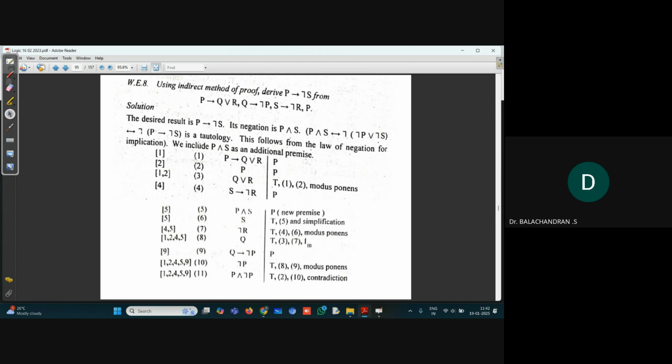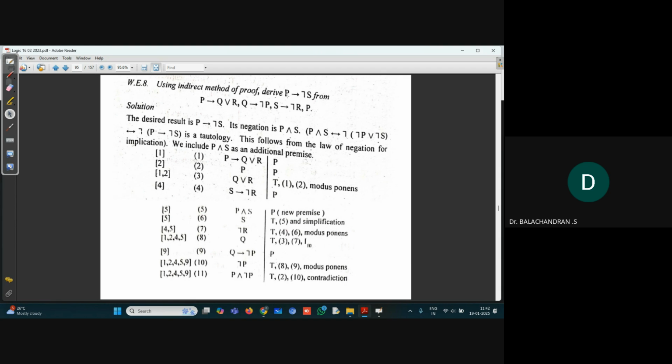So again, here you can see, using the indirect method of proof, derive P → ¬S from P → Q ∨ R, Q → ¬P, S → ¬R, P. So using the 1, 2, 3, 4 premises, you should get this one, but we need to assume one more additional premise, the negation of the conclusion.